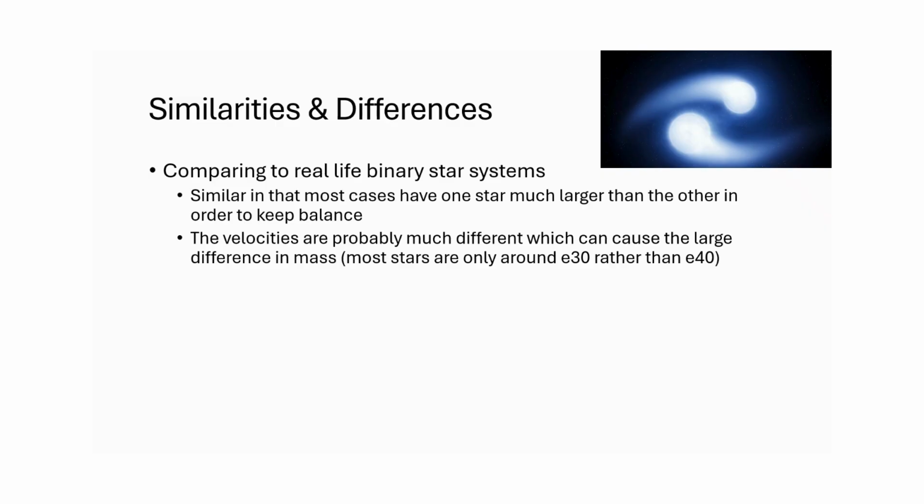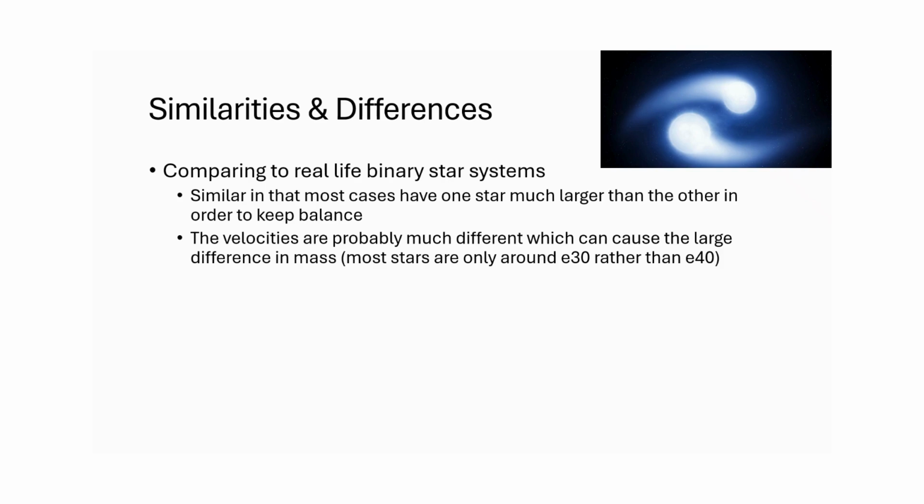The similarity is that in most cases, one star is much larger than the other in order to keep the balance, which is something that I had in mind as well. The velocities are probably much different than what they are in real life, which causes a difference in masses. The masses I used for my stars were incredibly large, much larger than most stars.